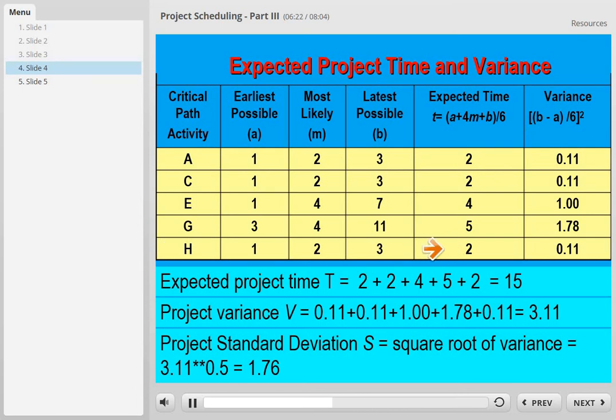The variance for activity A is 0.11, C 0.11, E 1, G 1.78, H 0.11. So the expected project time for the whole project is the summation of this column.